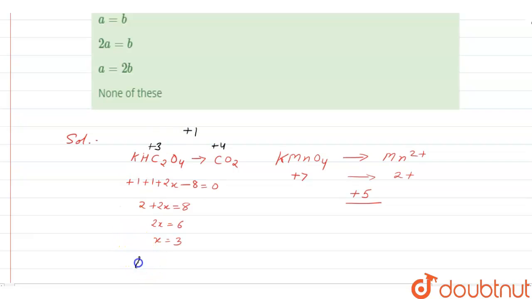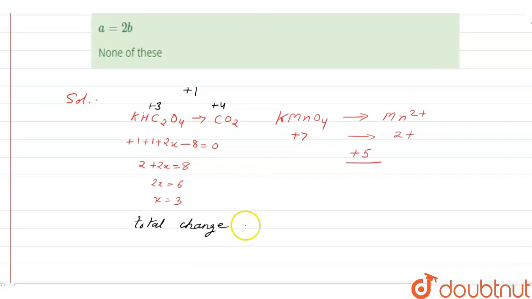But as 2 carbon atoms are there, we can say the total change in the oxidation state would be 2 into +1, that is 2.